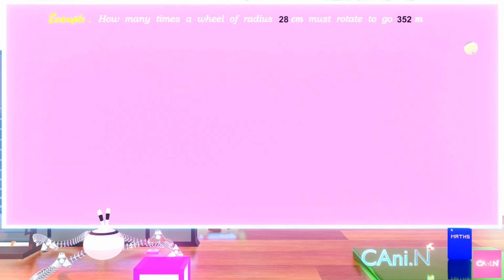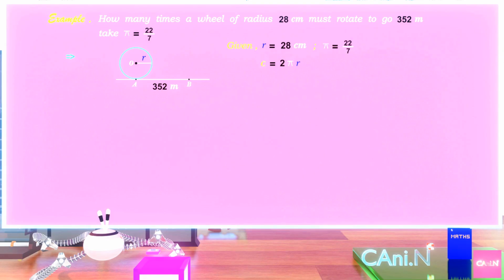Example. How many times a wheel of radius 28 centimeters must rotate to go 352 meters? Take value of pi equals 22/7. Given, r equals 28 centimeters. Pi equals 22/7. Circumference of wheel equals 2 pi r, equals 176 centimeters.